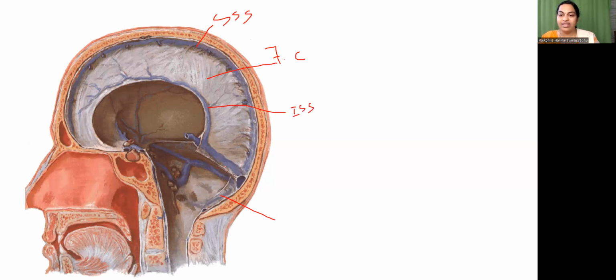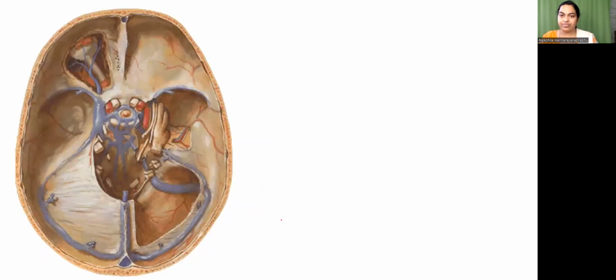Okay, and in the இடம் where that falx cerebri is going to come and sit over the tentorium cerebelli, அந்த இடத்துல we have something called the straight sinus. Okay, straight sinus. And இங்க கீழ, you see the dural fold falx cerebelli. அதுல இருக்கிறது occipital sinus, and this is the smallest of the dural venous sinuses.